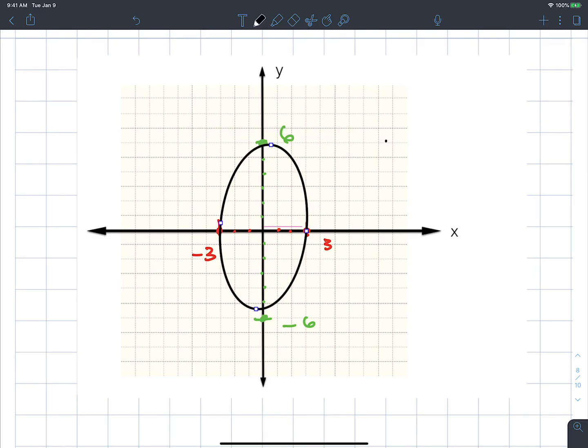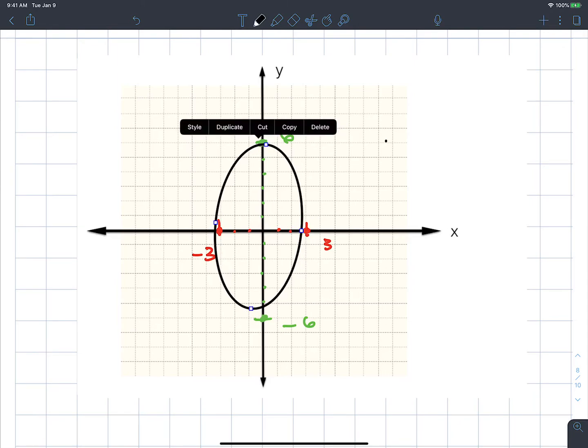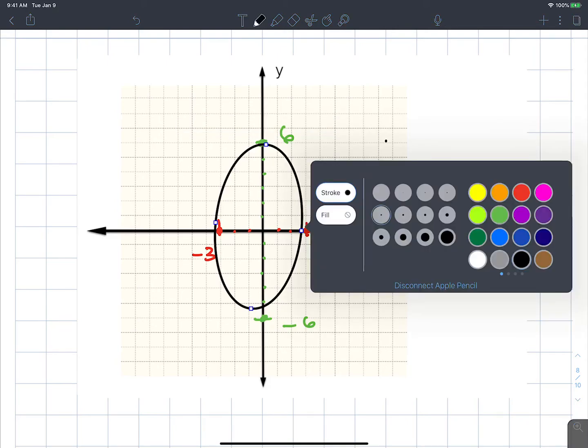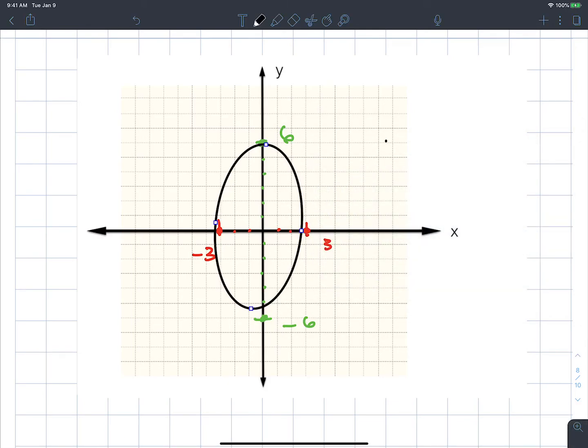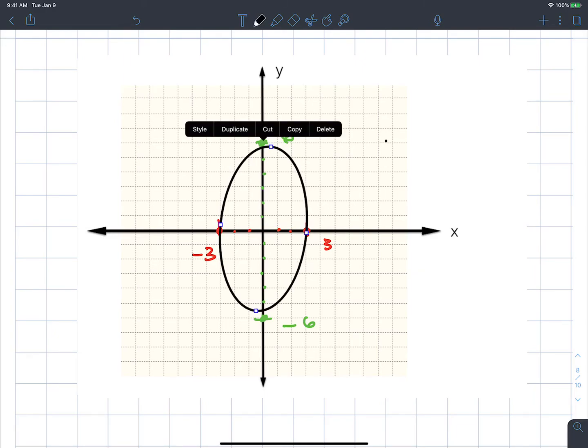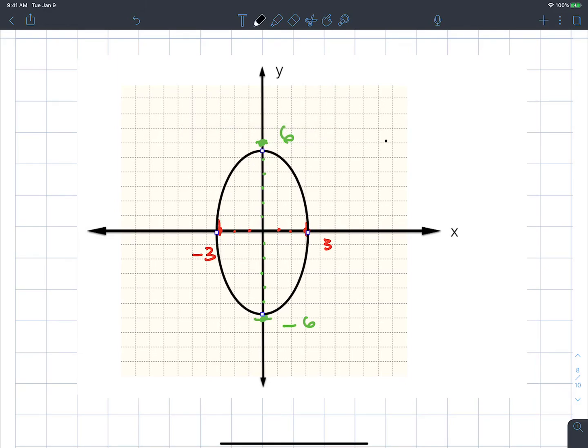Is there a way to make this diagonal? Style? No, I don't think it's style. There has to be a way. Duplicate, cut, copy, delete. I want to rotate. Is there a way to rotate? Yeah, oh, it takes two hands, it takes your fingers.